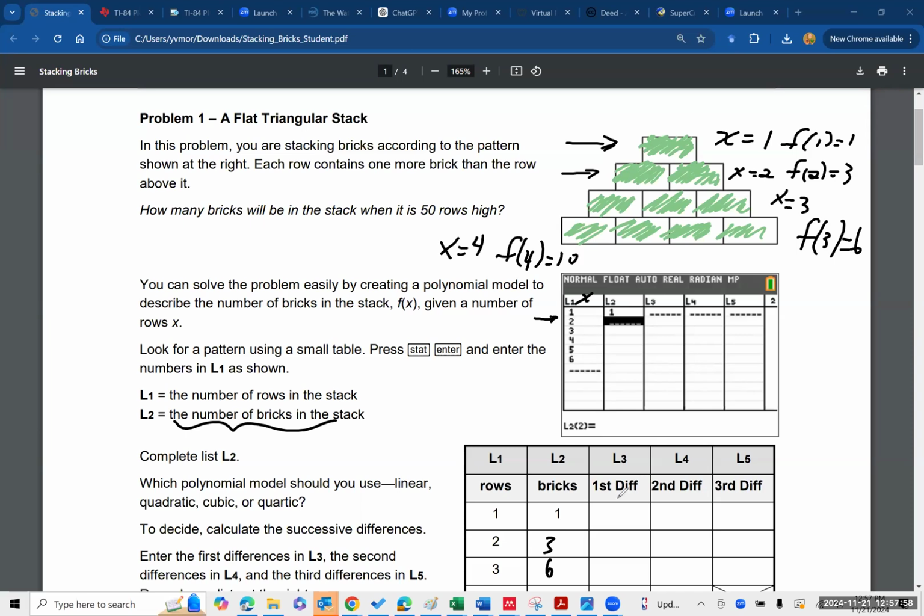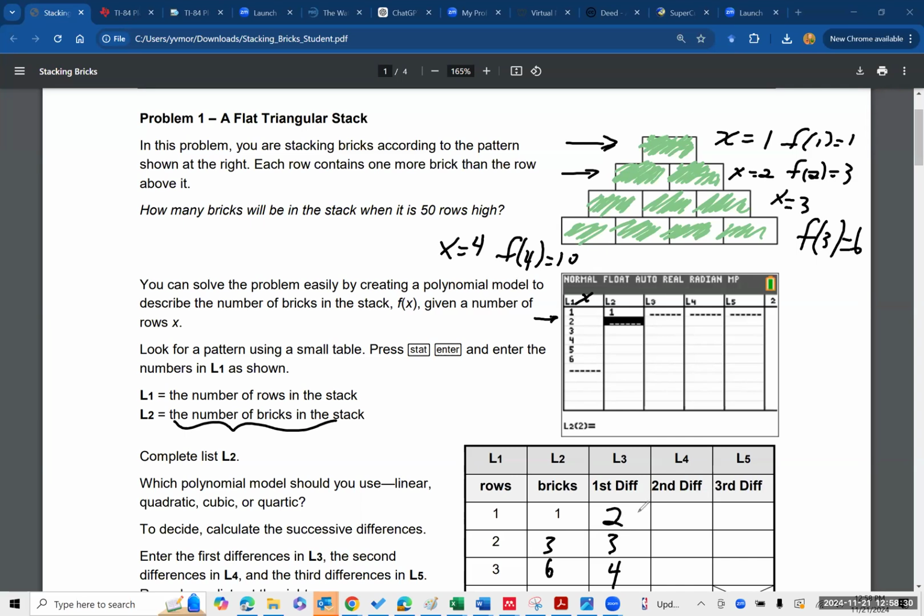Okay, now they're asking you to compute the first differences. So that would be 3 minus 1, which is 2. 6 minus 3 is 3. And we could see up here the next one's going to be 10, so 10 minus 6 is 4. So the first differences are, you see a consistent pattern and you can imagine that it keeps going, but they're not identical.